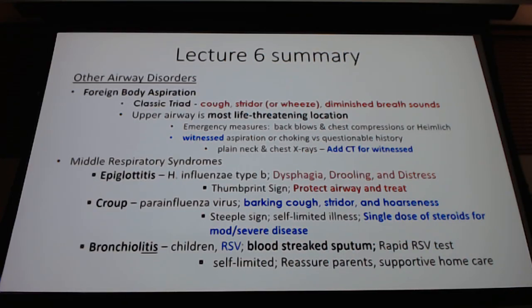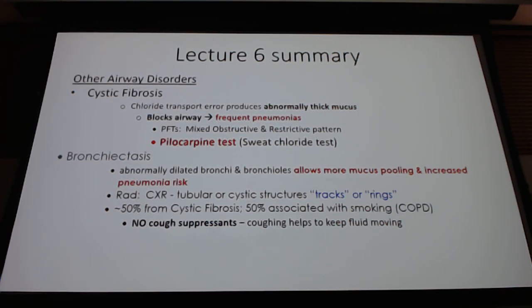Again, just like the croup, in general it's self-limited for otherwise healthy kids. Do kids get hospitalized for this? Absolutely, but it's not extremely common. And Major Klein will go into much more detail about those when you get the keys.